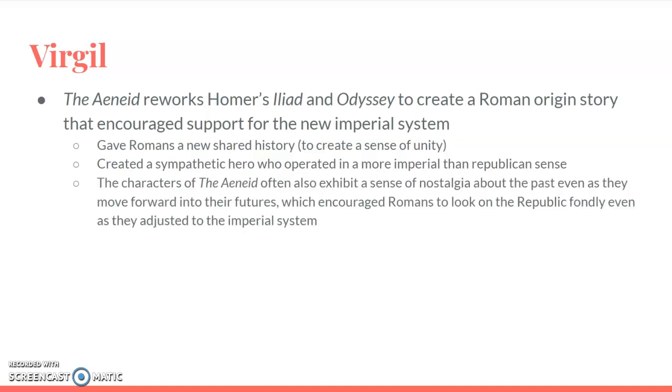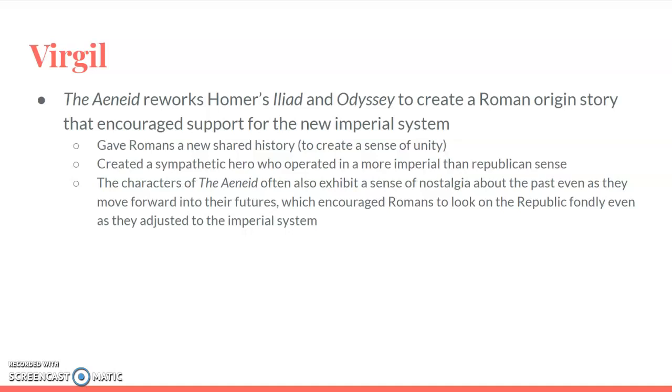And then the last thing it did was a little bit more nebulous, but what it did was that the characters in the Aeneid often exhibit this sense of nostalgia about their past, even as they very staunchly move forward into their futures. And this gave Romans at the time an avenue to do the same thing.